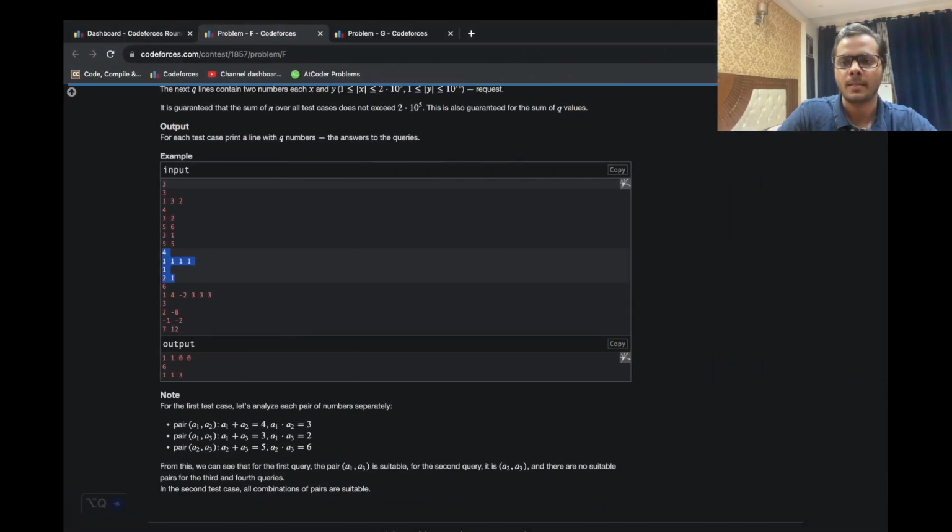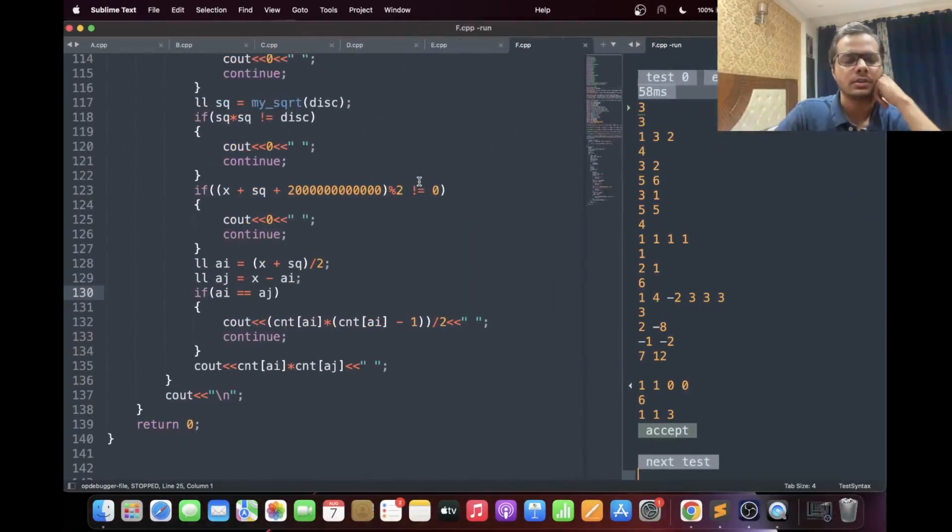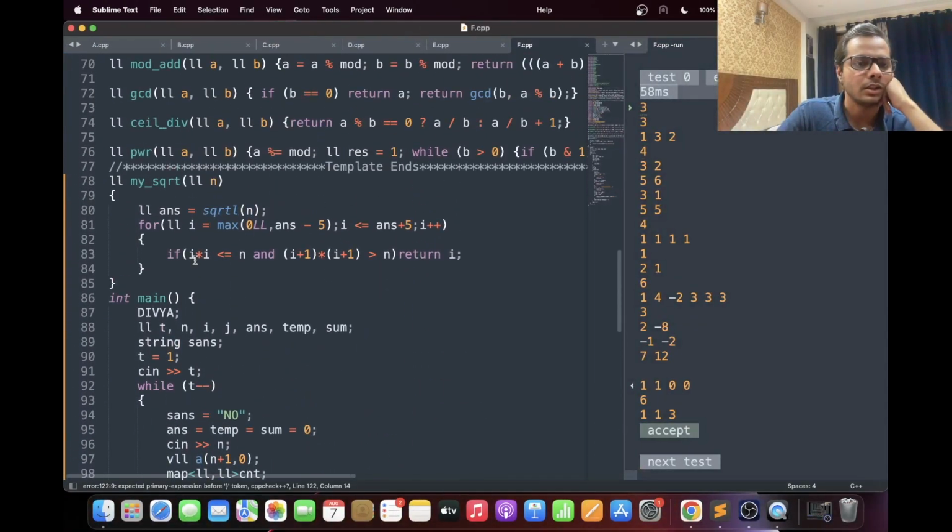Six, yeah. That sounds right. Let's just cross check if we haven't missed anything out. So we are finding the square roots correctly.